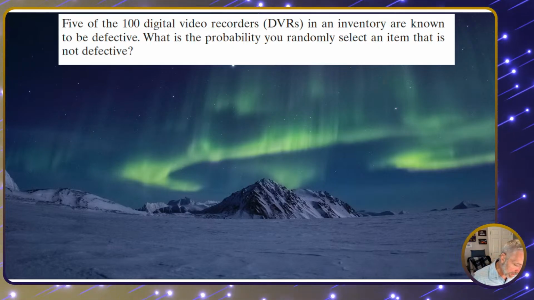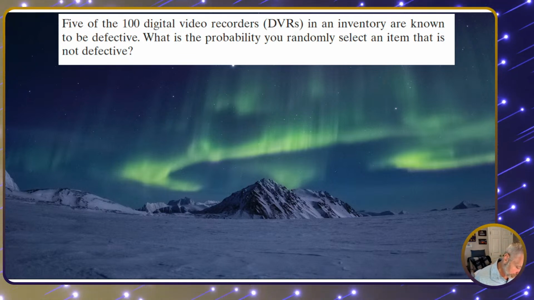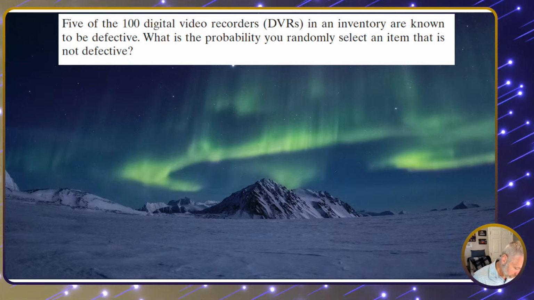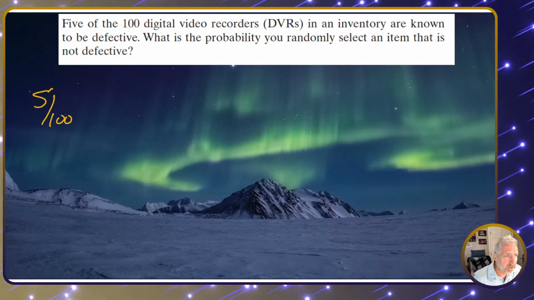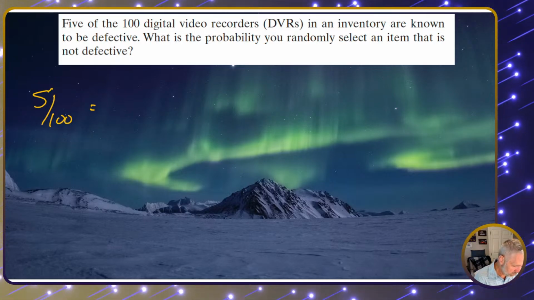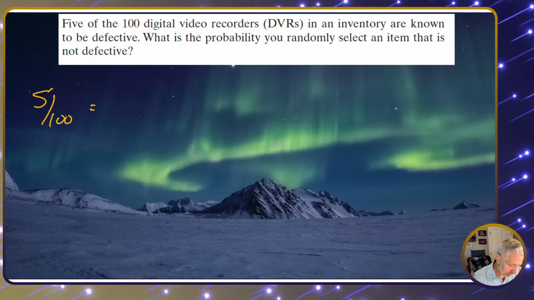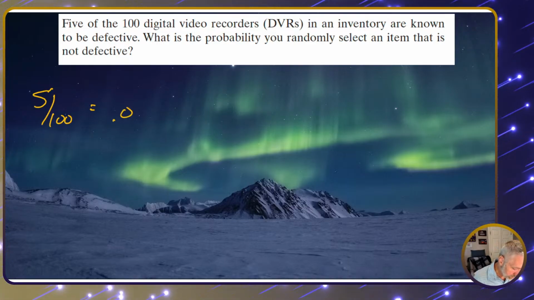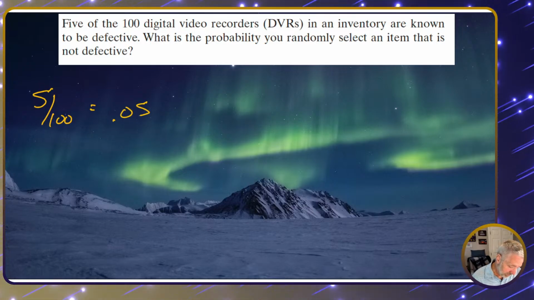Okay. So, five out of 100, that's very easy. It's 0.05. That represents defective.